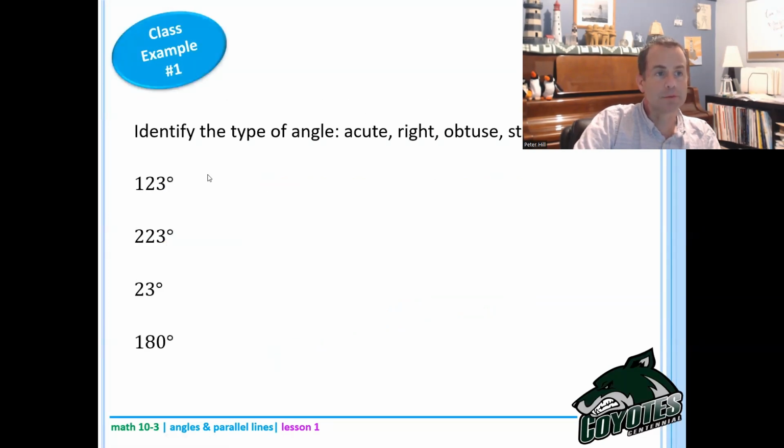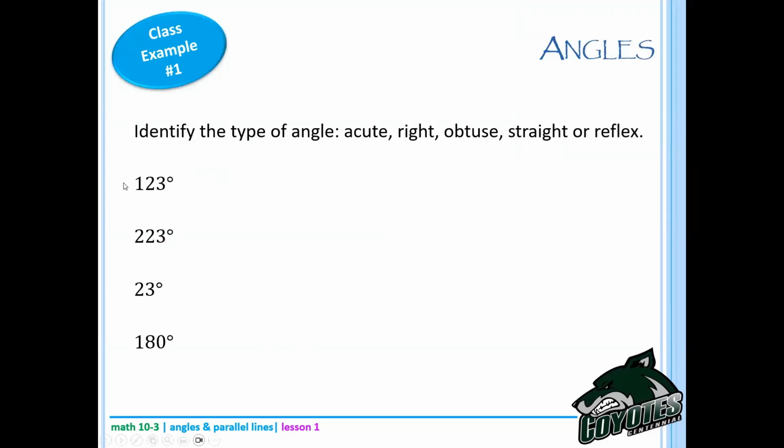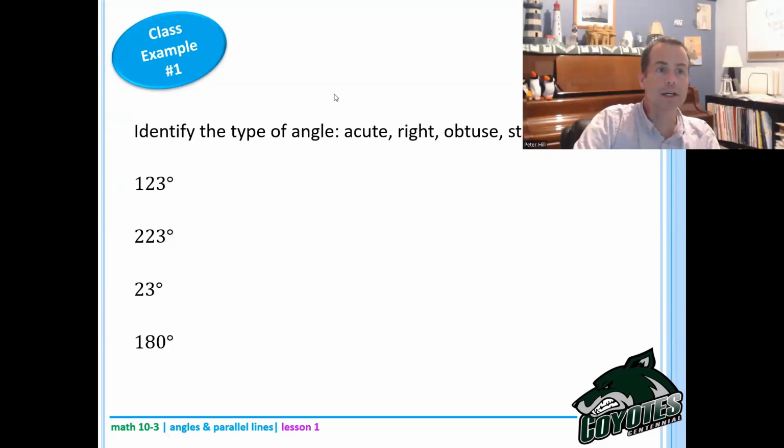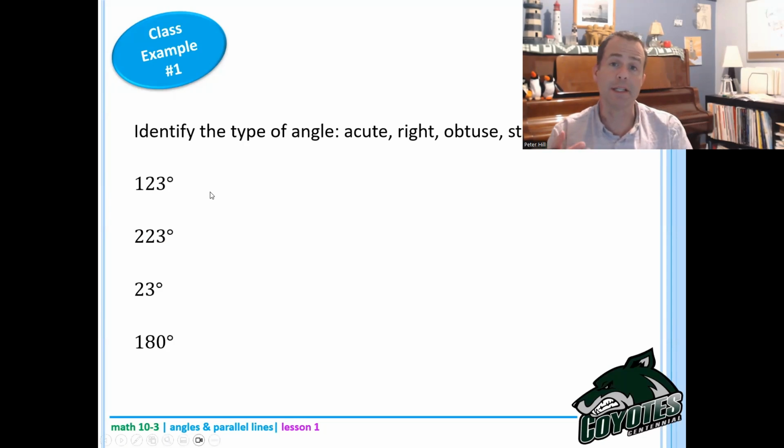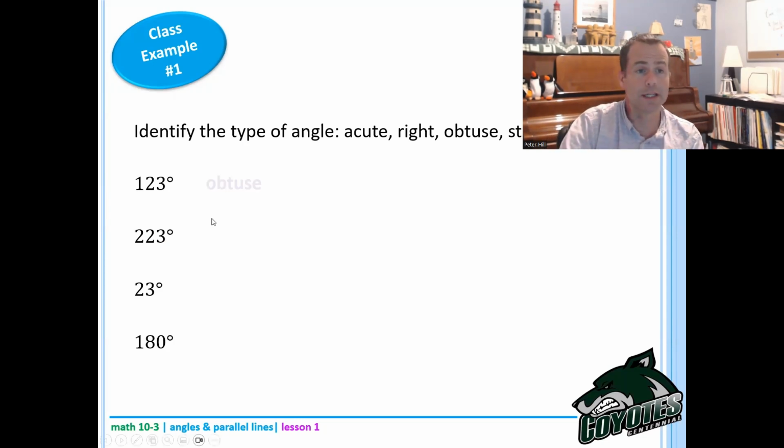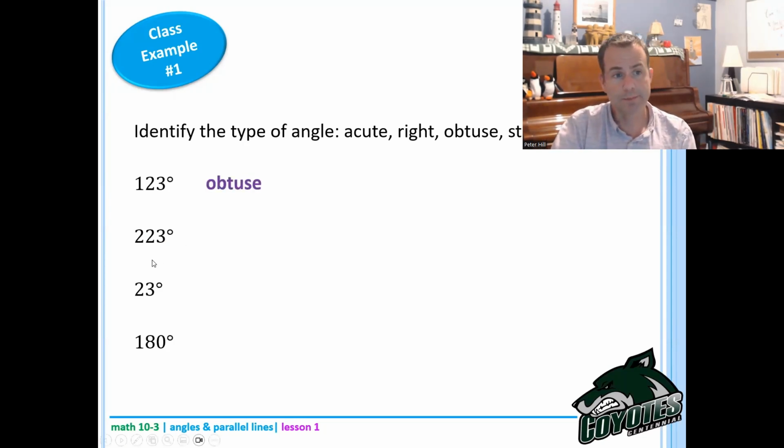So class example number 1, I'll just hide myself for a quick sec. You want to classify these guys as acute, obtuse, straight, or reflex. So just what camp are they in? Okay, so 123, that is going to be the greater than 90 and less than 180. So we're going to call that an obtuse angle. 223, that's now bigger than 180, less than 360.